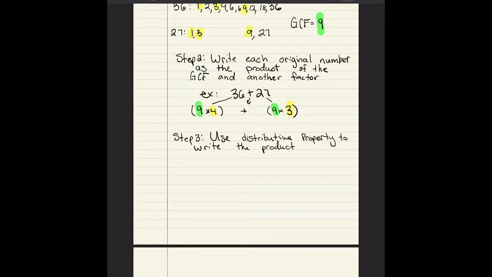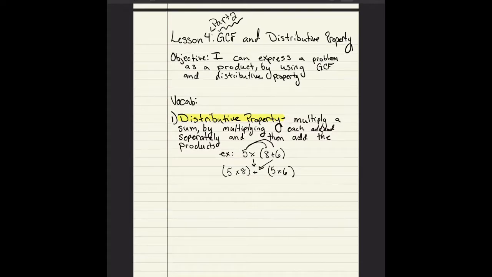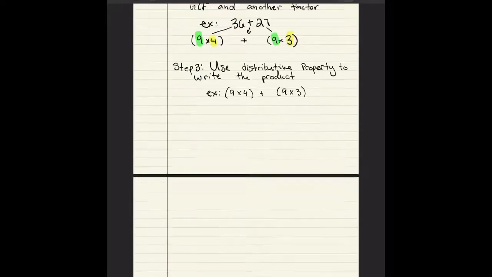All right, use distributive property to write the product. So my example now, we're working with 9 times 4 plus 9 times 3. And the whole idea with distributive property, if we go back up, we're multiplying the sum.